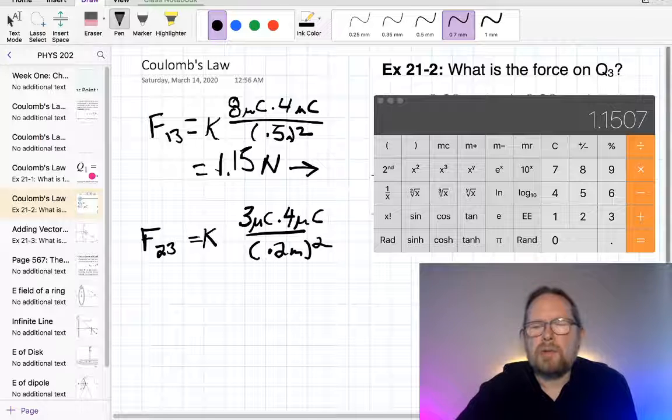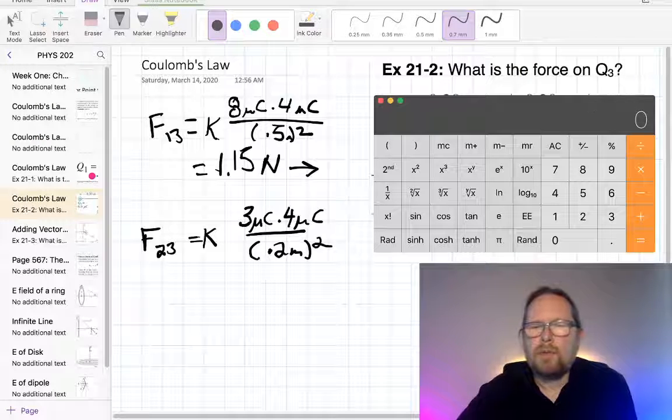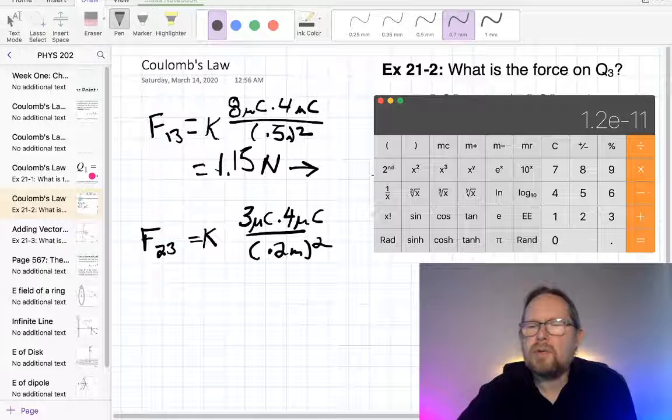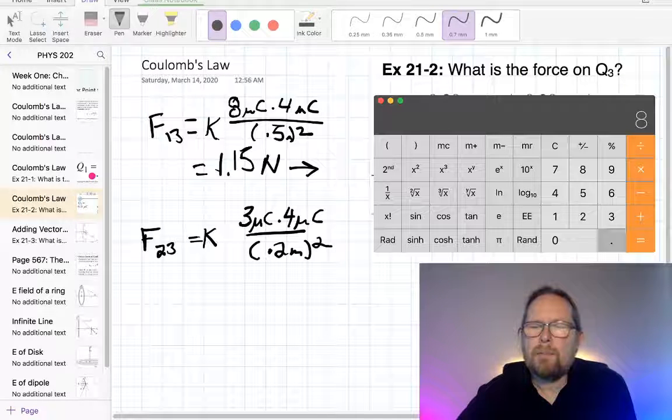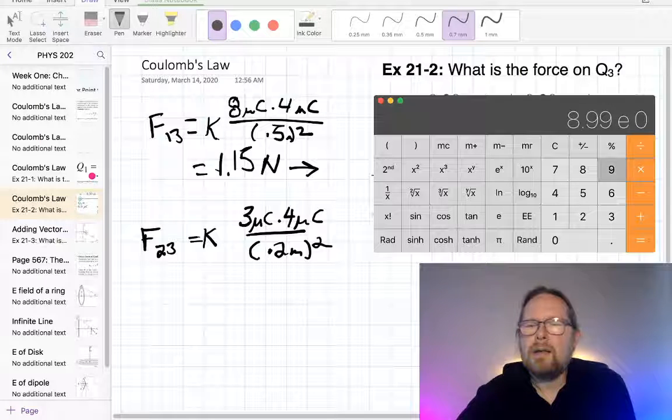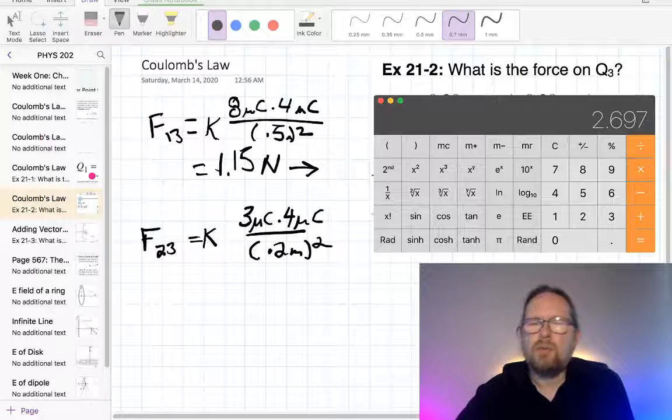And that is going to be equal to, 3 times 10 to the negative 6 coulombs times 4 times 10 to the negative 6 coulombs, divided by 0.2 meters squared, times 8.99 times 10 to the 9th equals 2.69.